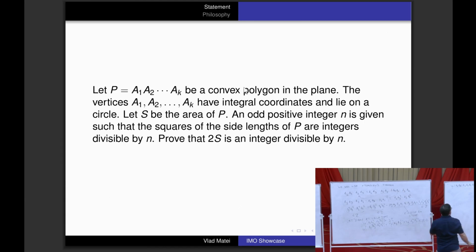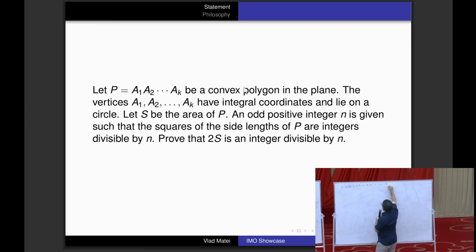Well, it's A1A3, I have it here, A2A4, I have it here. So if you look at it, this is going to be t plus the VP of A1A3 plus VP of A2A4, over 2.